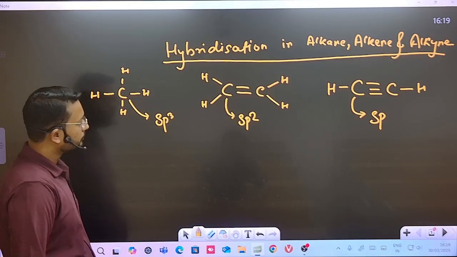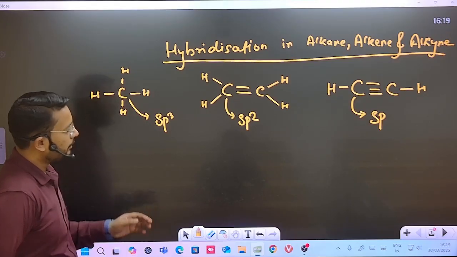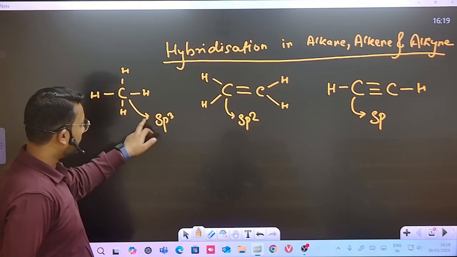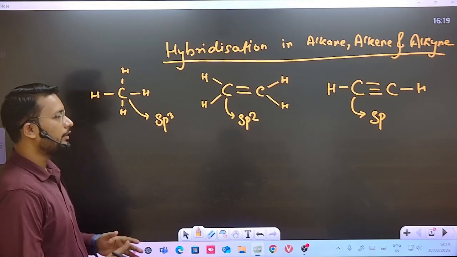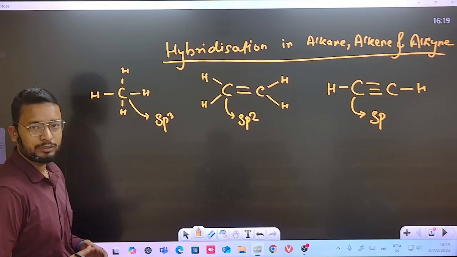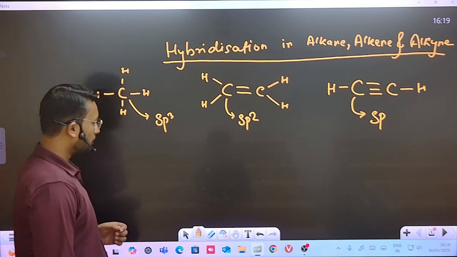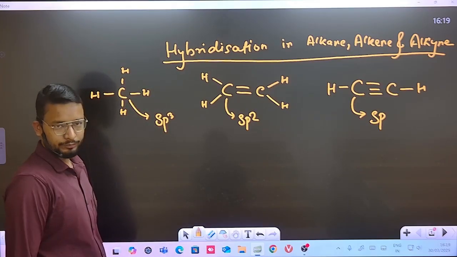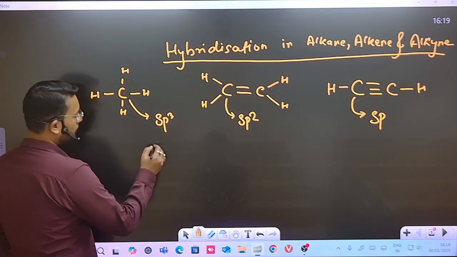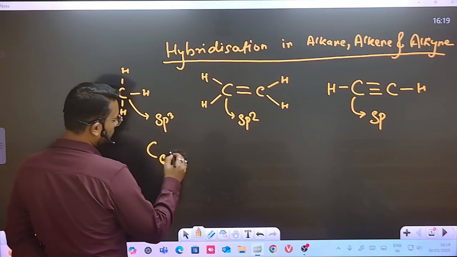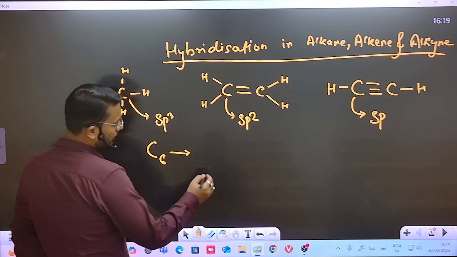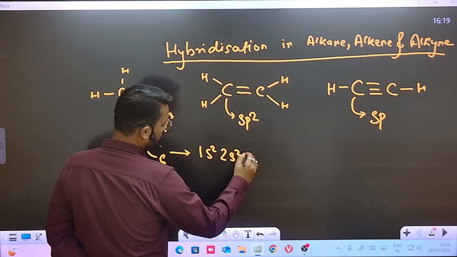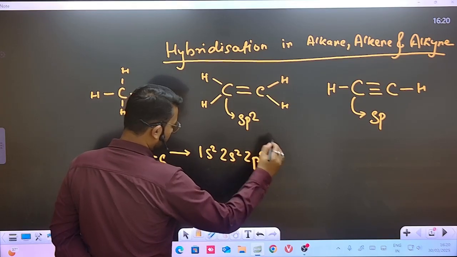Okay, so today we will discuss how this sp3 comes, how the s orbital and p orbital intermix, and how this sp3 hybridization is made. If I ask you the electronic configuration of carbon, it is very simple. Carbon has 6 electrons: 1s2, 2s2 and 2p2.